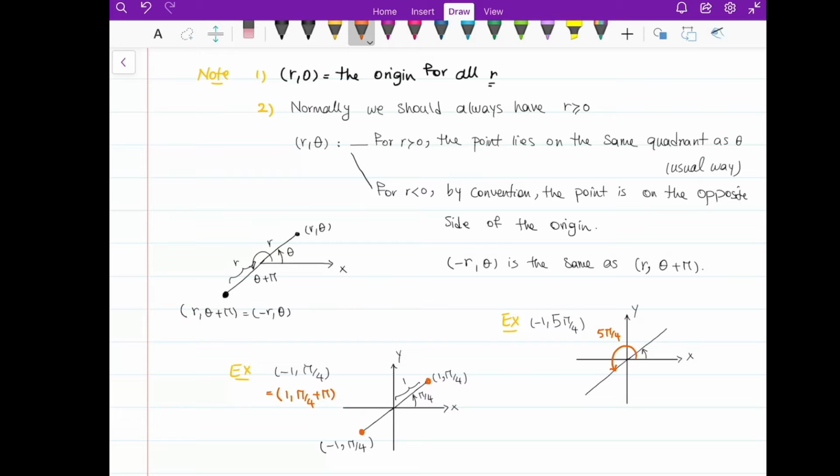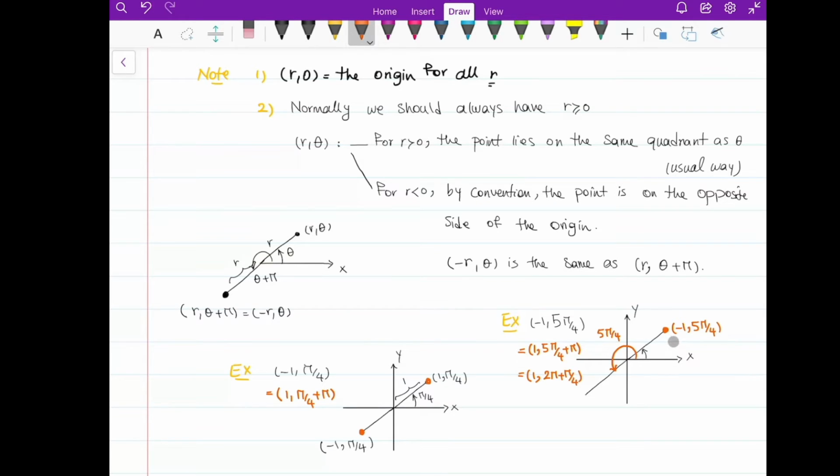But I have a negative r, so this point would be the same as the point 1 and 5 pi over 4 plus pi. It's just because I want to make it on the opposite side, which would be 1 and 2 pi plus pi over 4. So the point would be here. If this length is 1, this point is the point negative 1 and 5 pi over 4, because it would be the same as the point 1 and 2 pi plus pi over 4.